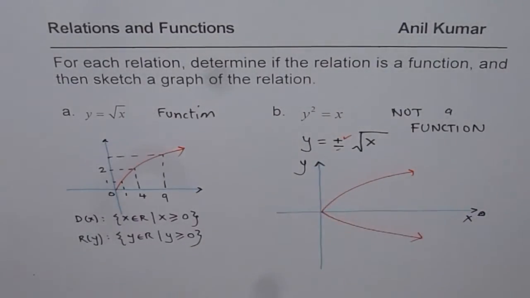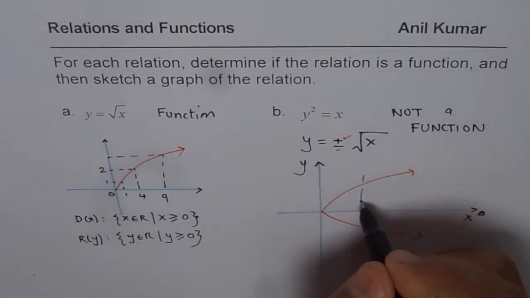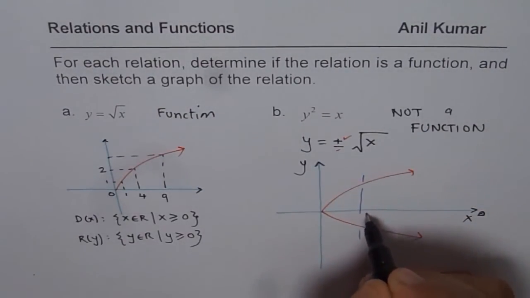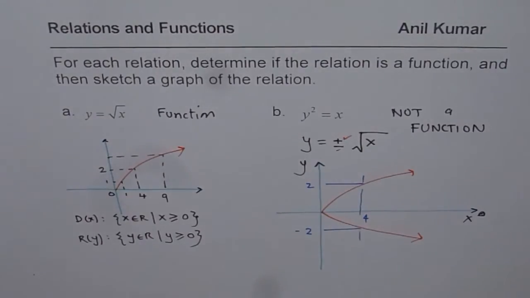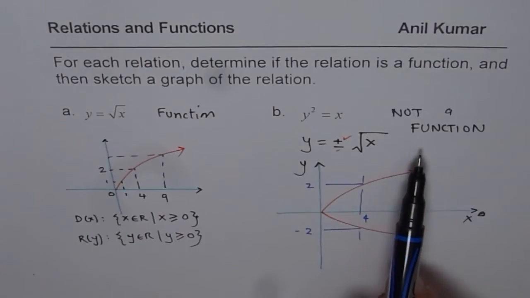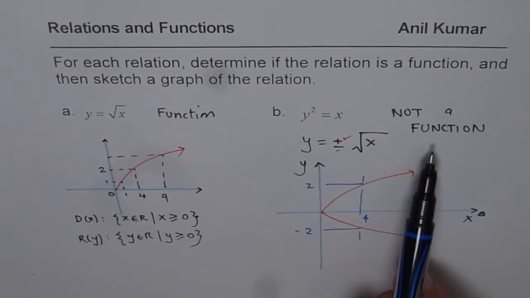It fails the vertical line test, right? So if you take any value of x, let us say we take 4, we get plus 2 here and we get minus 2. So there are two values which will result in mapping of 4 to two values, which makes this a relation that is not a function.